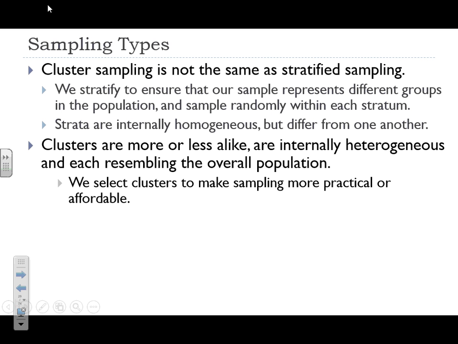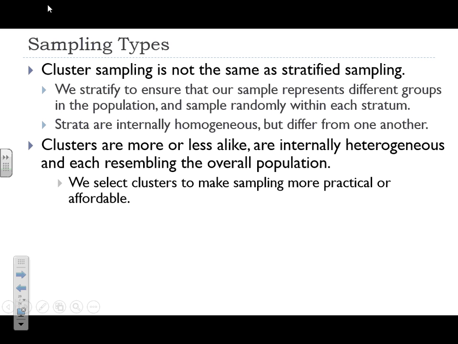So if I have 10 different groups that I created, I'm only going to select maybe 2 or 3. And those groups that I select are my sample. So I go to Group A, and I ask every single person in Group A. I take a census. And then I might choose Group G. I go to Group G, and I take a census. Every single individual gets measured or asked.